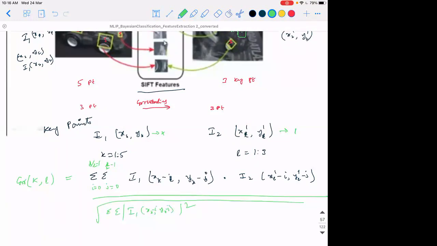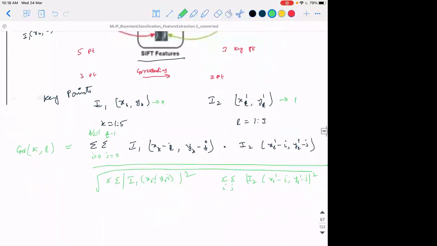Similarly, here a double summation of I2 of xl dash minus i, yl dash minus j, norm whole square. Usually, since this is a dot product and all values are positive, there is no issue. Fine. Is this fine or not?